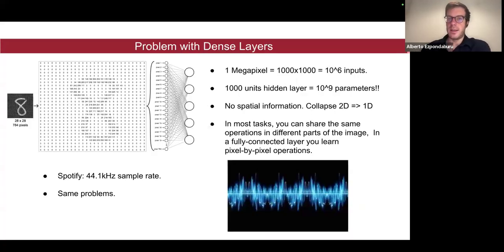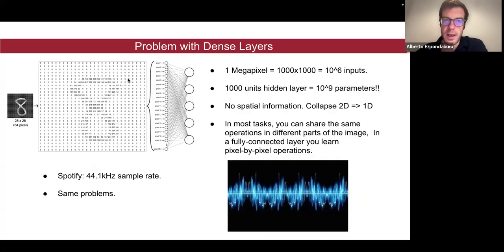We talked about how dense layers have a lot of problems processing images because they have a lot of weights, they tend to overfit, and they do not catch spatial information because they collapse a two-dimensional matrix into a flat, one-dimensional vector.